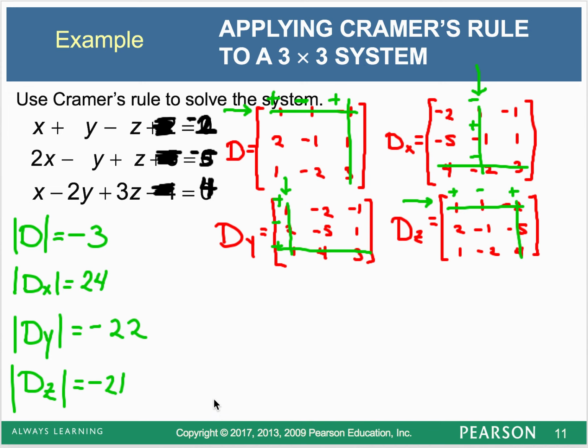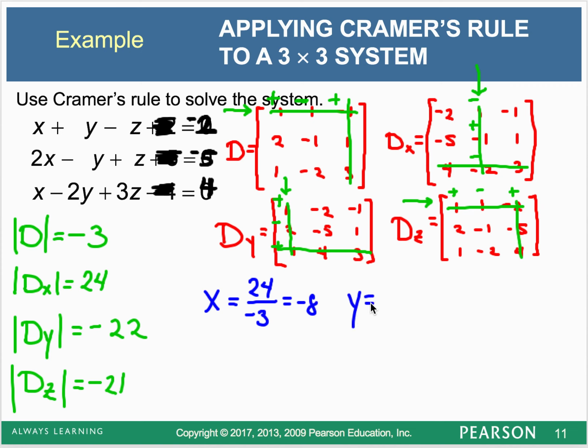Okay, so now Cramer's rule tells us that if we can find these determinants, we can solve this system. X will be the D sub x value over the D determinant, so 24 divided by negative 3, negative 8.